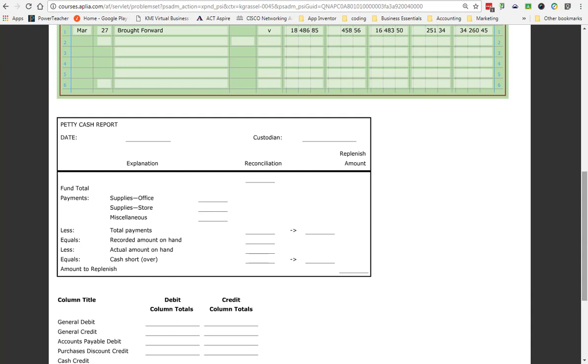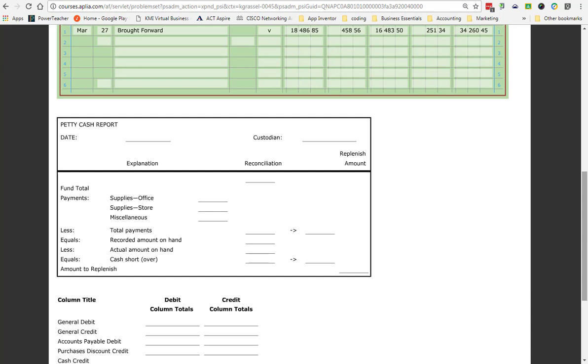If it is a cash short, meaning you should have $15.30 in there, but you only have $15.10, you are short 20 cents, then it would have a debit balance of 20 cents.